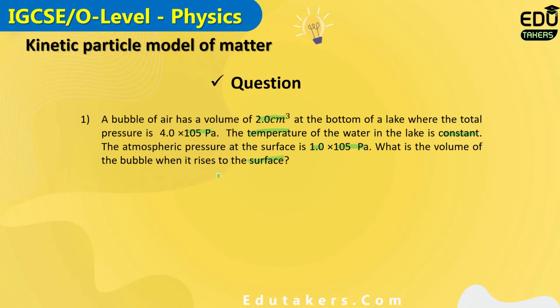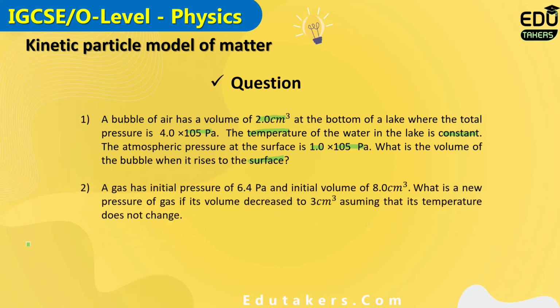So basically the initial volume is given, initial pressure is given, final pressure is given, and you need to find out the final volume when the temperature is constant. First of all, you have to guess which relation you can use here, and accordingly you can find the volume. Question number 2.